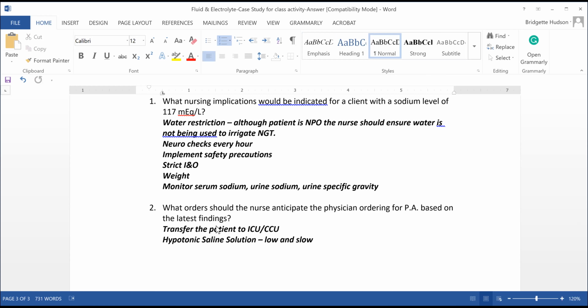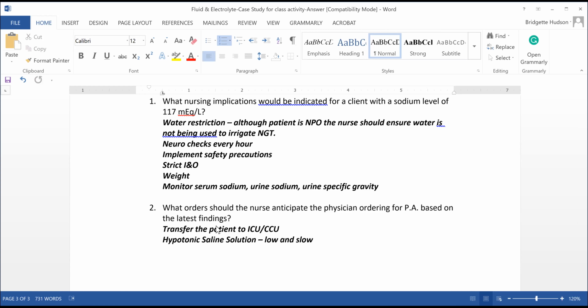So go find that IV fluids article, "IV Fluids: What Nurses Need to Know," on pages 35 and 36.